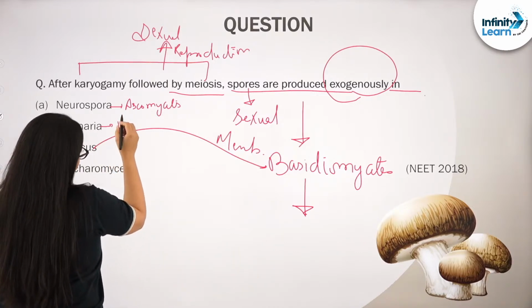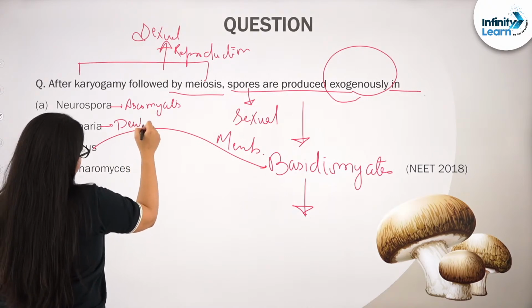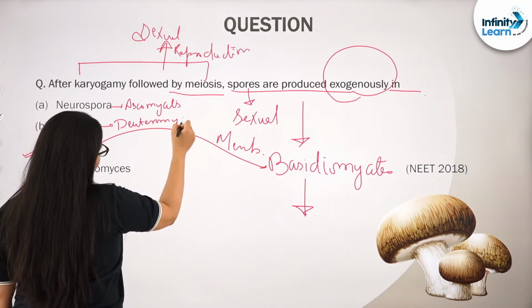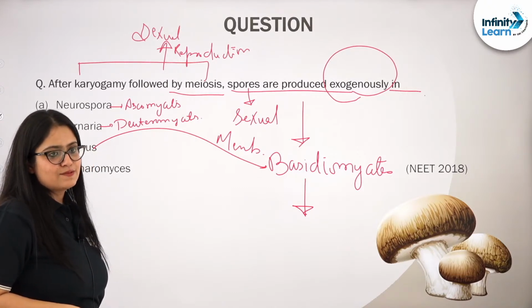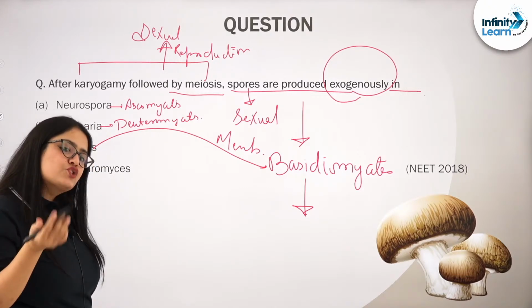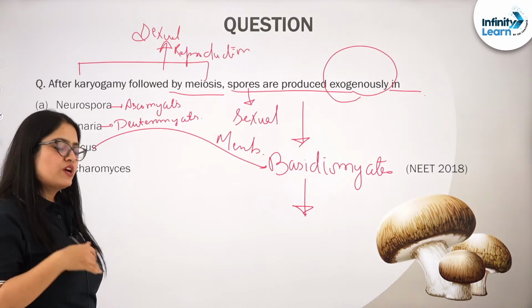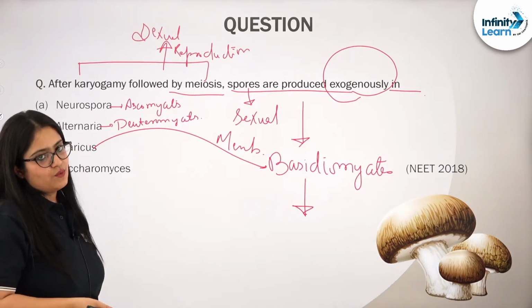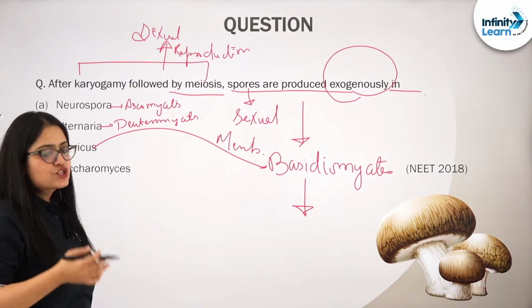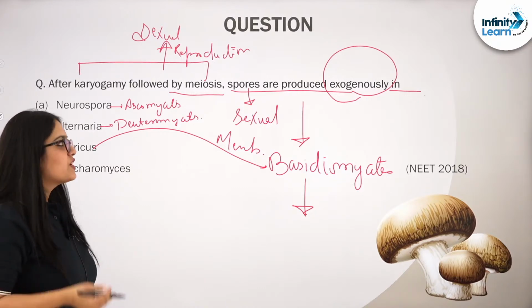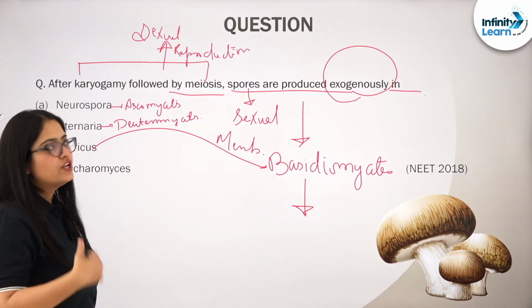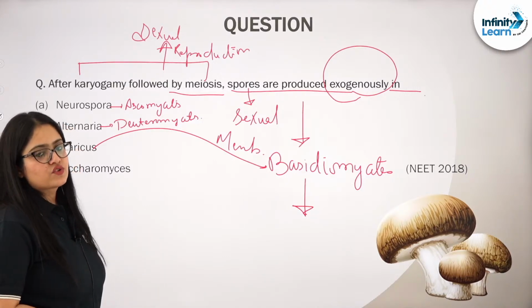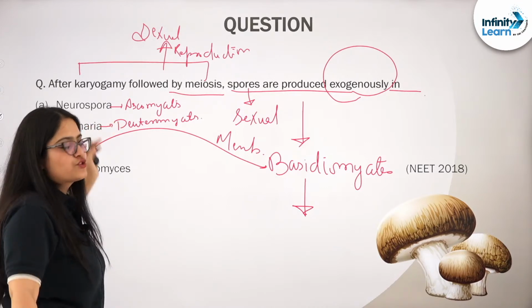Alternaria is a member of Deuteromycetes, and in members of Deuteromycetes, my kids, the stage of sexual reproduction is till date not discovered. So the day the sexual stage in members of Deuteromycetes will be discovered, they will be shifted accordingly to Basidiomycetes or Ascomycetes. So they do not possess sexual spores.